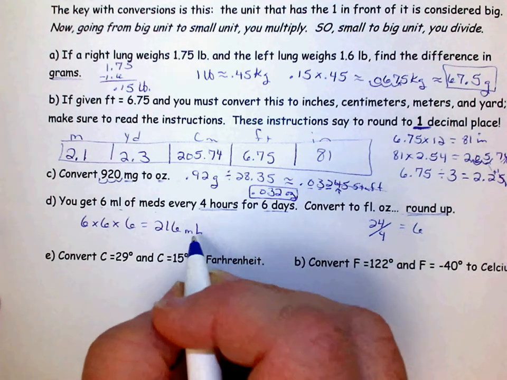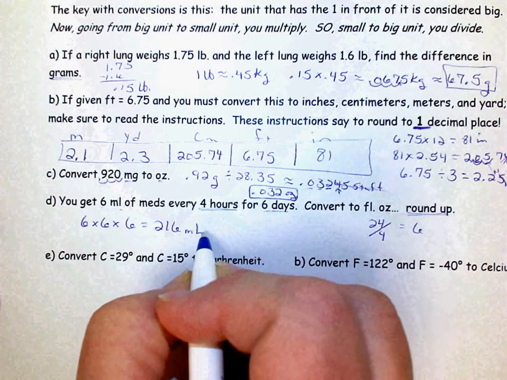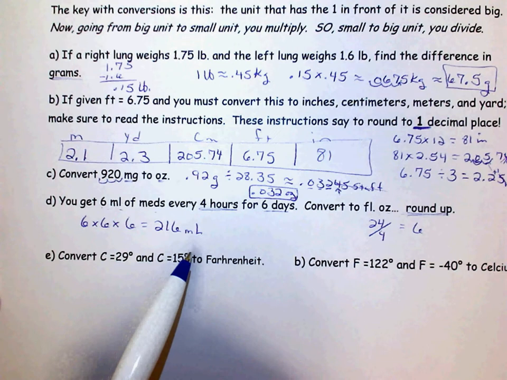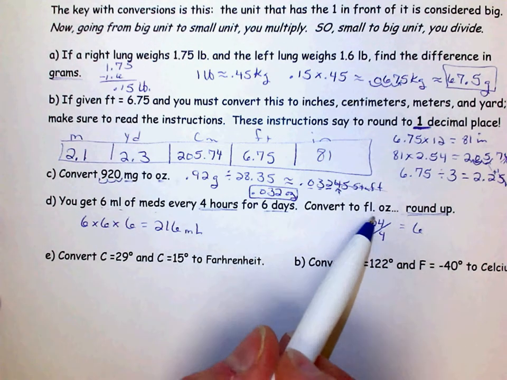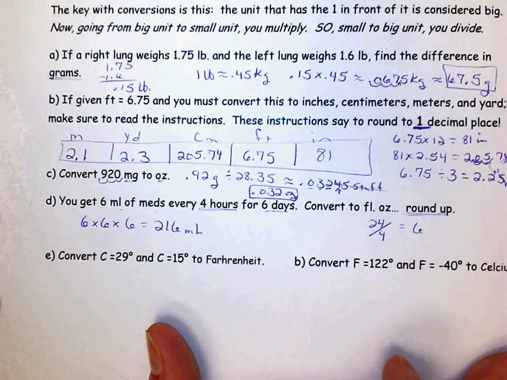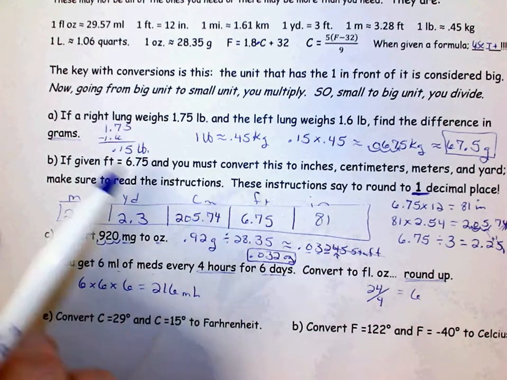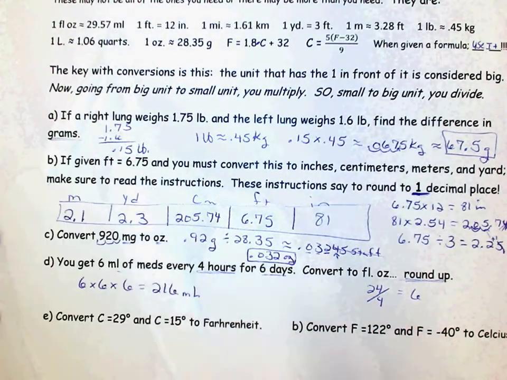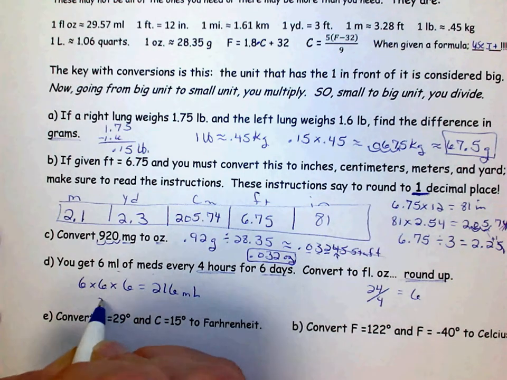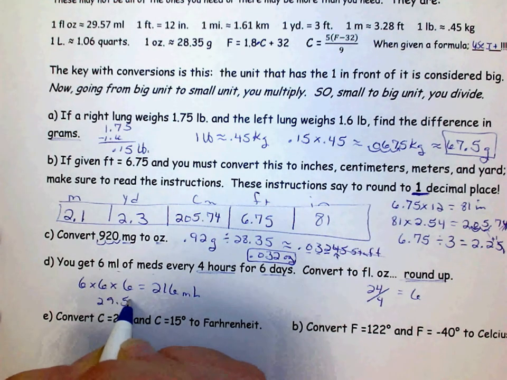Then I need to convert milliliters to fluid ounces. 1 fluid ounce is 29.57 milliliters.